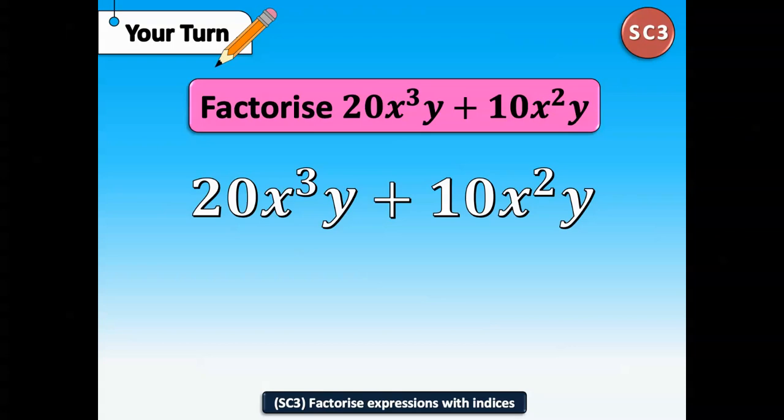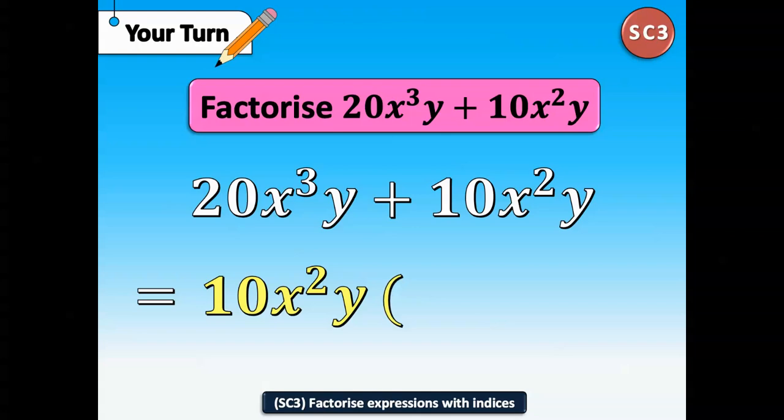Well, 10 goes into both. Then think about what letters are in both. Well, they've both got an x squared in, because x cubed is just x squared times x, and they've both got a y in as well. So we can have 10x squared y on the outside of the bracket.